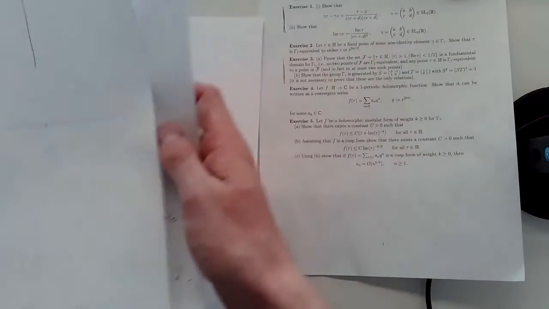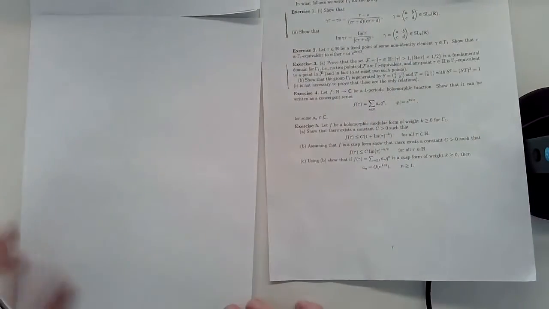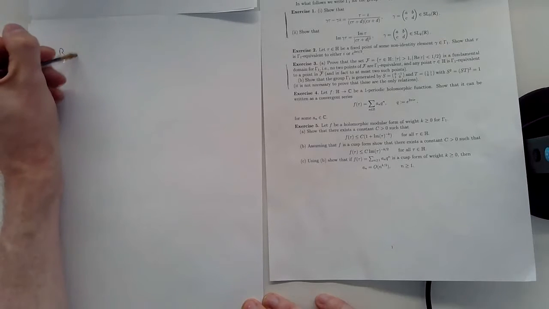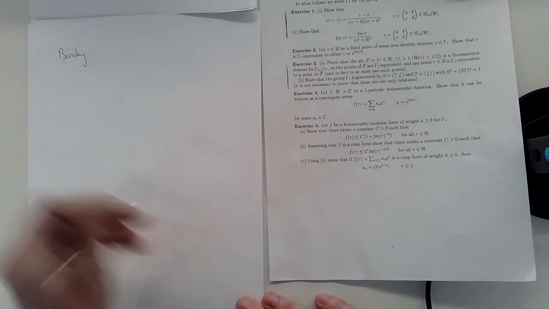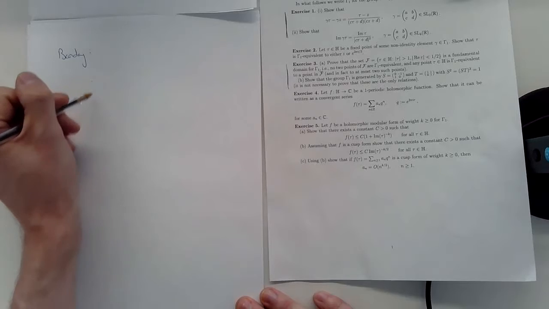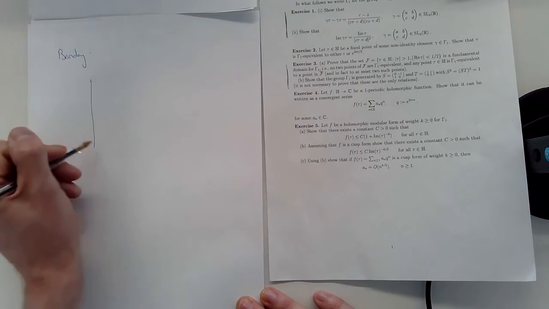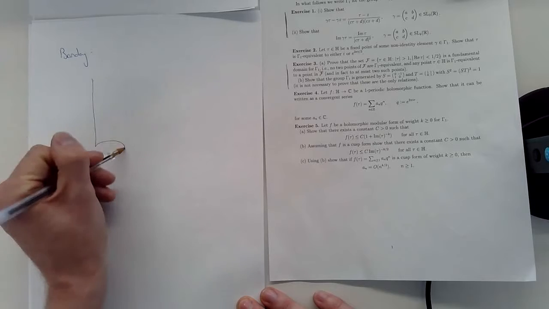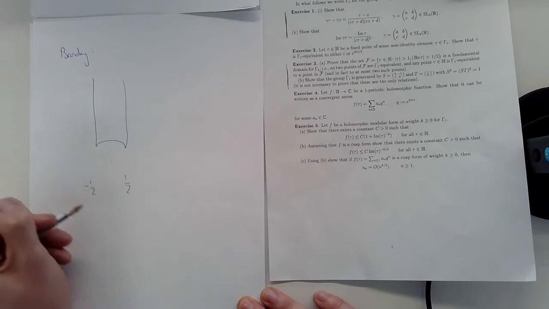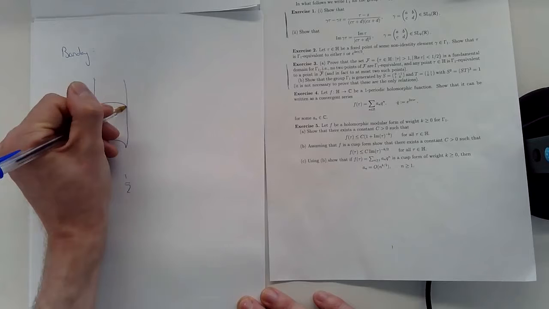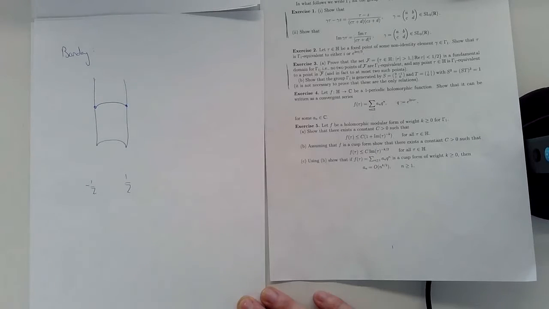But then there's something else to check. I maybe want to say a word on what happens about identifications on the boundary. Obviously, if I take any point on the line real part equals minus a half, and apply T to it, I'm just going to land on the other part of the boundary.